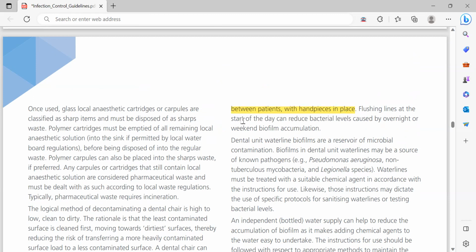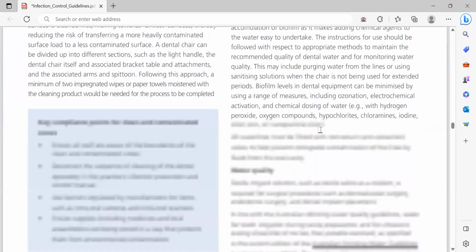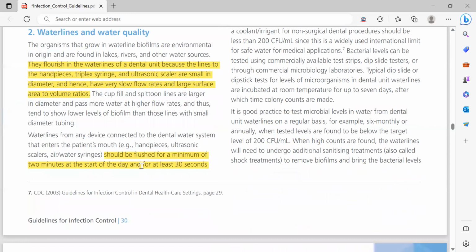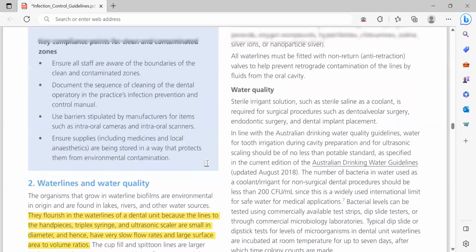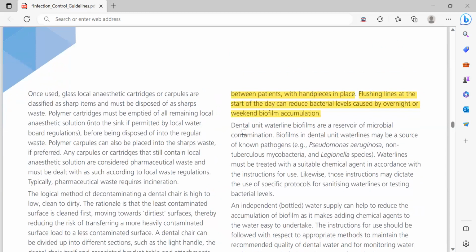Flushing lines at the start of the day can reduce the bacterial level caused by overnight or weekend biofilm accumulation. So it is very important that you, or your assistant, flush the water for at least 2 minutes at the start of the day and at least 30 seconds between patients to flush any biofilm in that area.